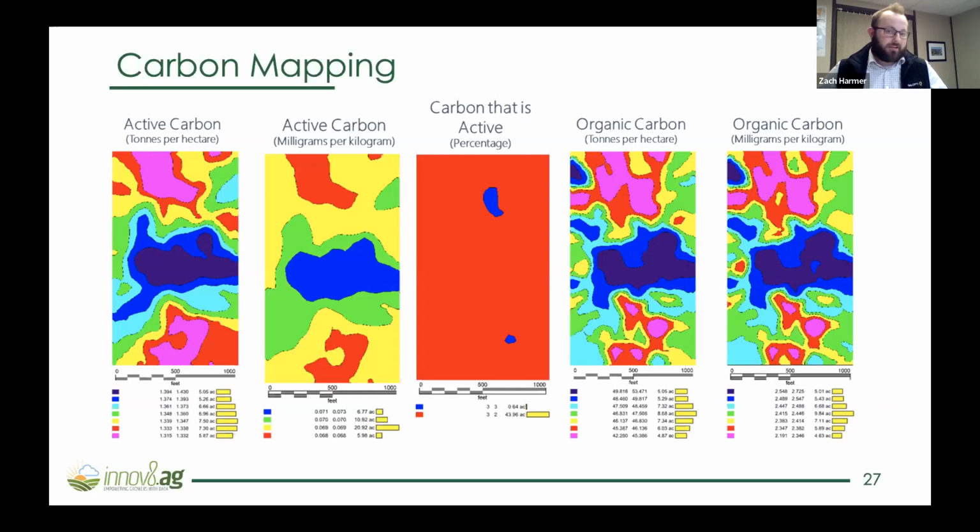So we've answered that call, providing a suite of layers that can stem from active carbon, organic carbon. One thing is checking with your lab on what they can provide with respect to the carbon deliverable. Then of course we can work with those labs and results to develop a suite that works for your region as well.